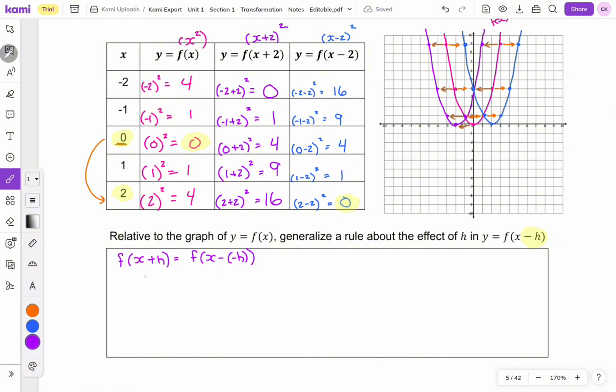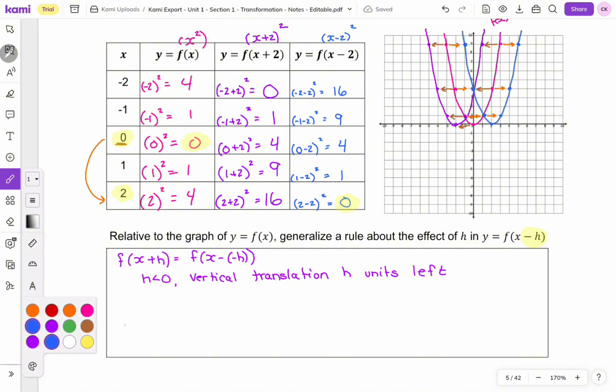So we can see when h is negative, when h is less than 0, when I had that plus, all of my values moved 2 to the left. So we have what we call a horizontal translation. And we say h units left.